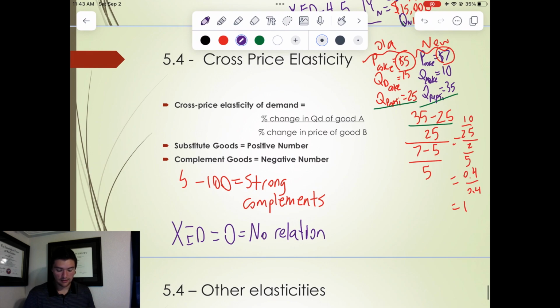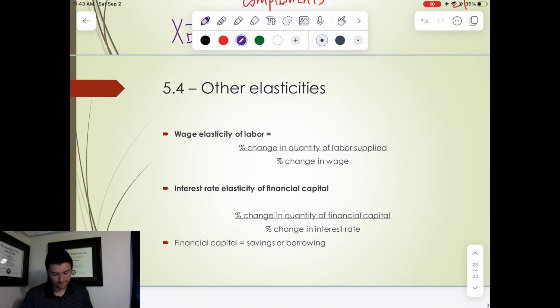So that is how we would understand the numbers. The higher positive number, the more substitutable they are. The higher the negative number, the more of a complement they are, the more times you have to buy these things together. And the closer to 0 you get, the less related they are. Okay?